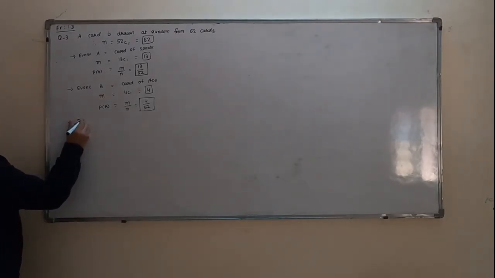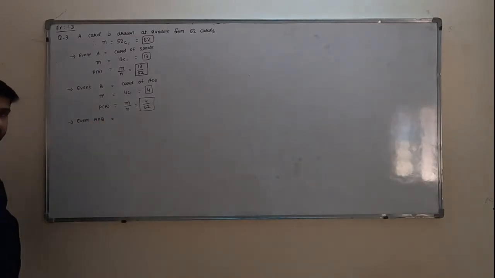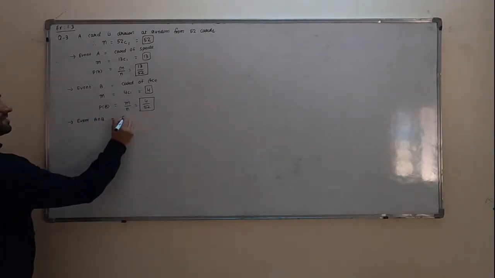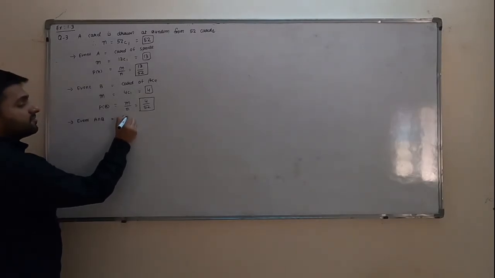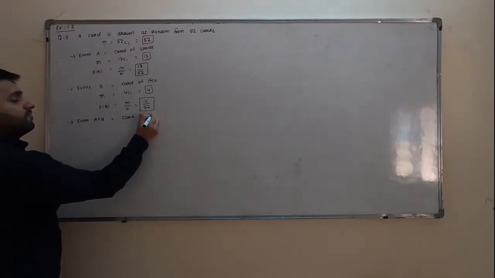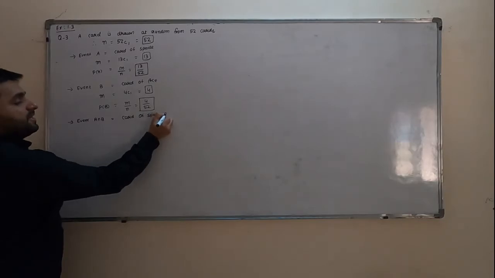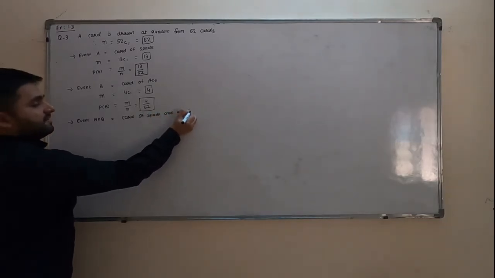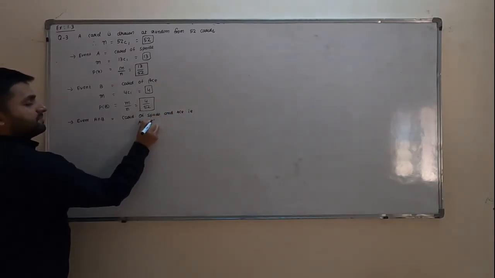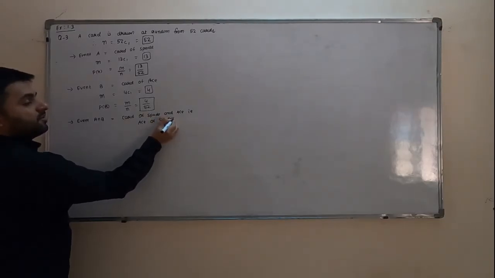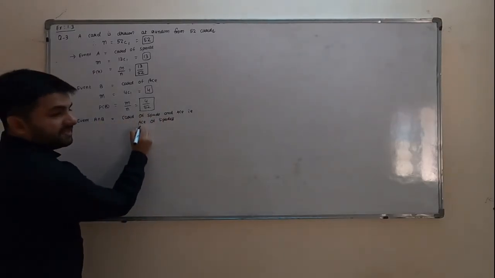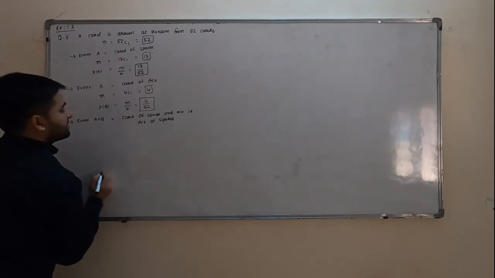Then event A intersection B. Now how you will write the sentence for intersection? Intersection will end, so you will write card of spade and ace, that is ace of spades, which we call in Gujarati as Kadino Eko. In English we tell ace of spades.